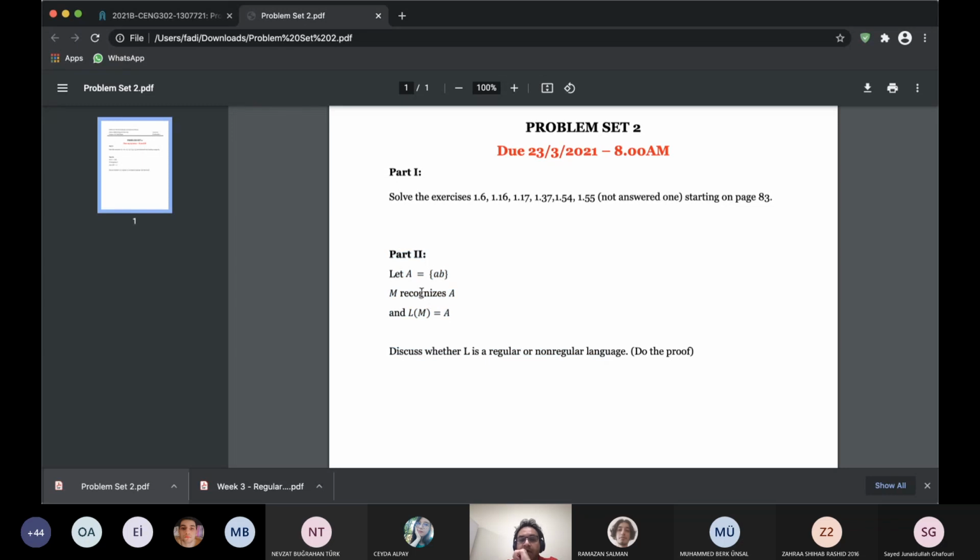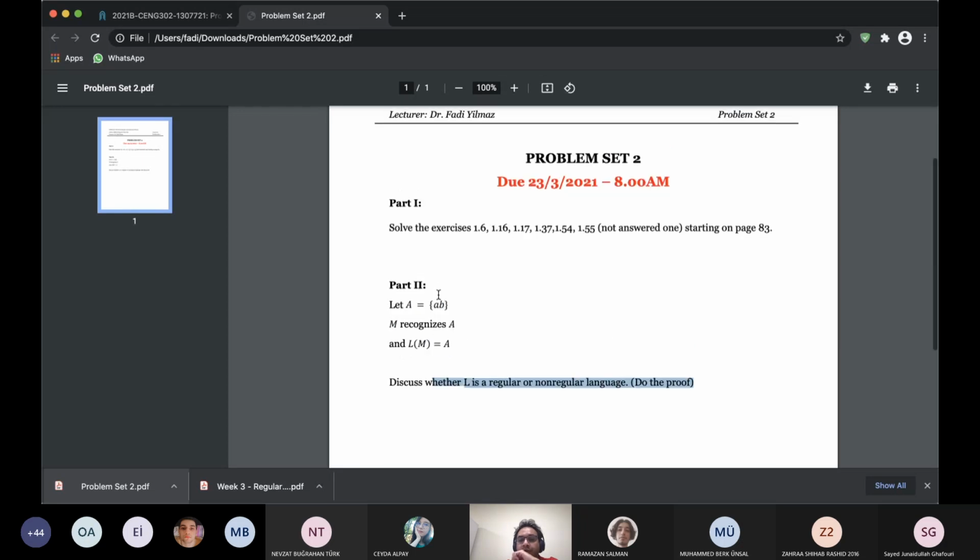Okay, guys, I give you a language, which is just AB, and I want you to show whether it is regular or non-regular, and I want you to do the proof.